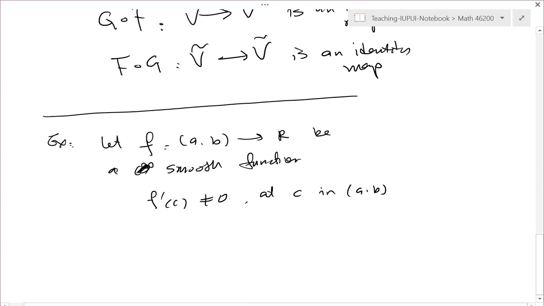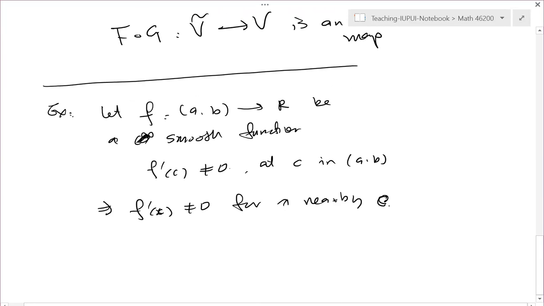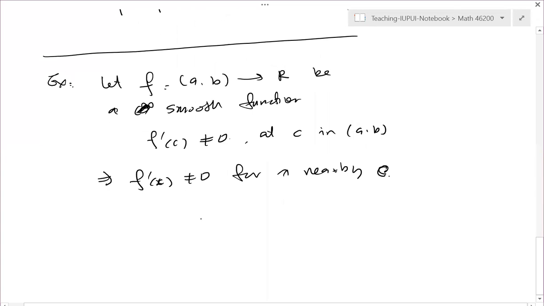So what does that mean? Because it's a smooth function, f prime of x is not going to be zero for x near c. So the derivative is always positive or always negative. Then it's easy to understand the inverse theorem.